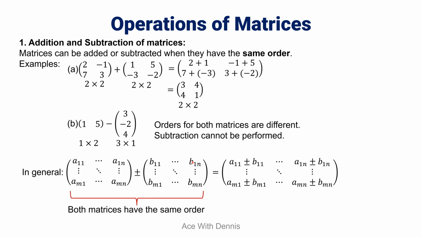So A11 plus or minus B11, and the last one in the row, A1n plus or minus B1n. Similarly, Am1 plus or minus Bm1, and this element Amn plus or minus Bmn. Alright, so this is how we do the addition and subtraction of matrices.